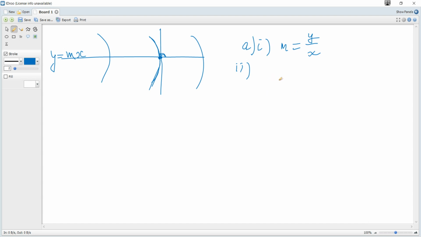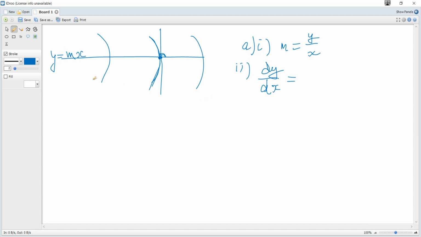So the gradient of C, it's the gradient of the tangent, and it's dy over dx. If it is required at some specific point, you substitute the coordinates of a point for x and y. But here we should keep x and y. But since this tangent is perpendicular to a given line, and we know when one line is perpendicular to another, its gradient is what?